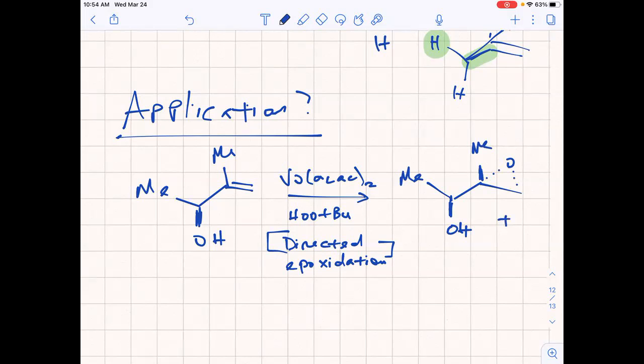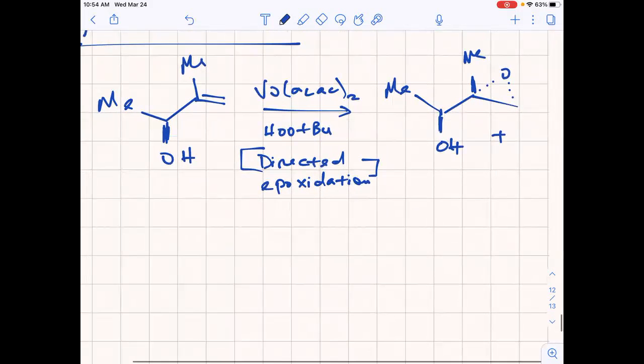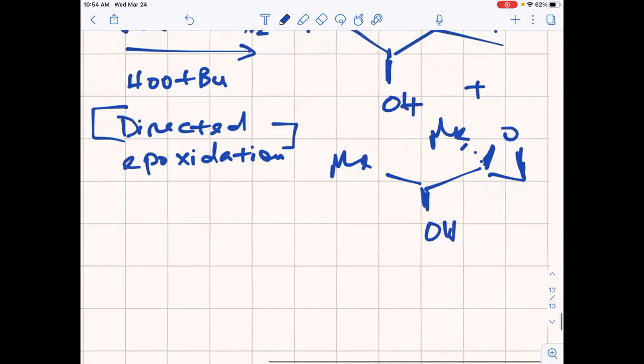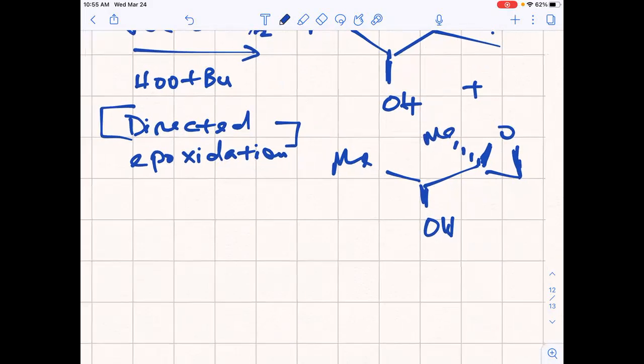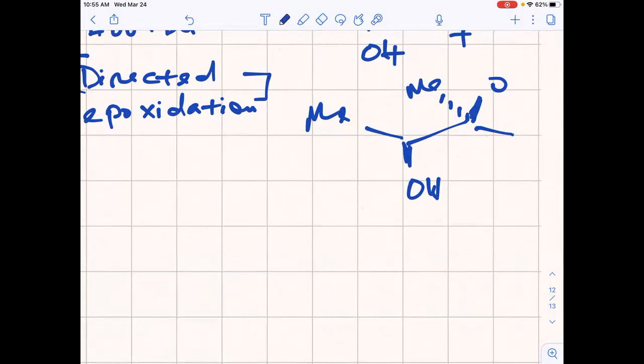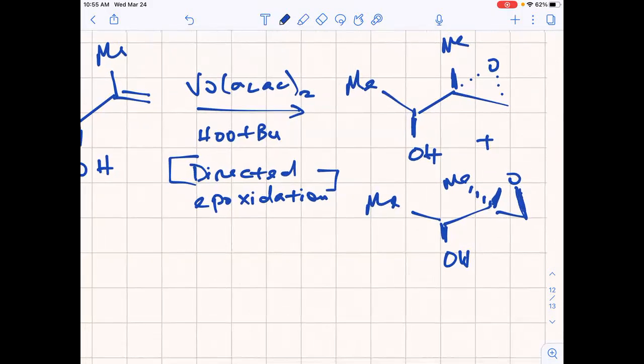And the other product is this isomer. All right. So you get these two epoxidation isomers, and the ratio between them is 95:5.